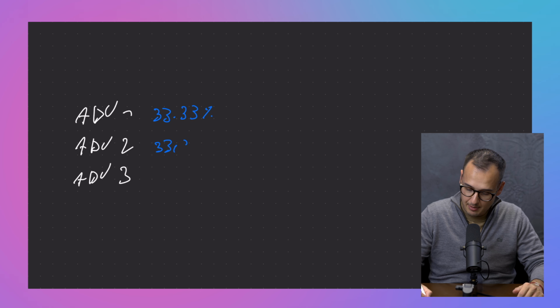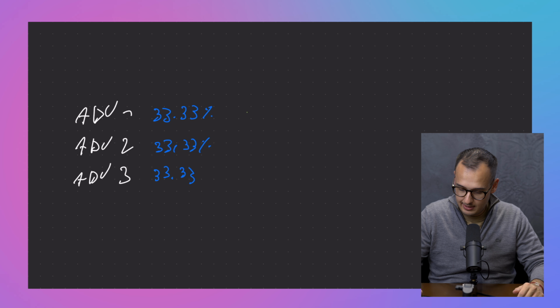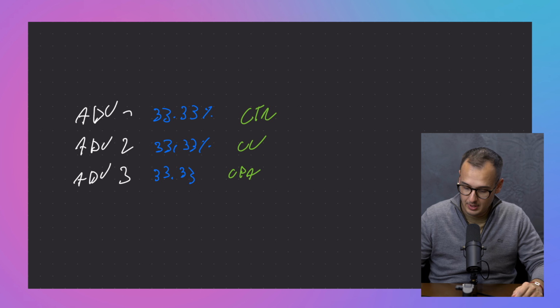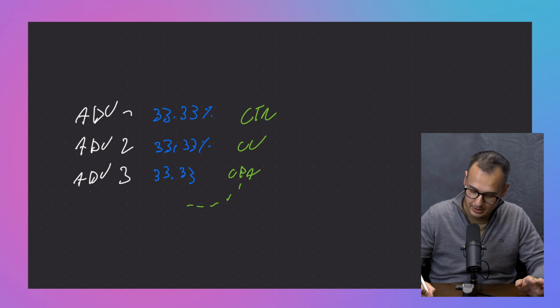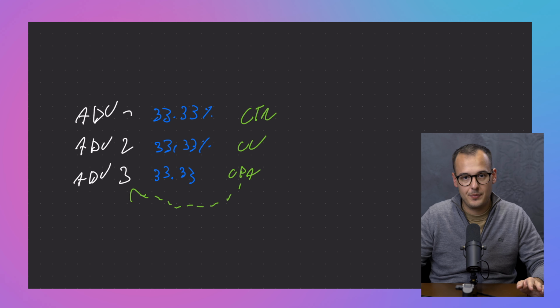After a couple of days, you analyze which advertorial has the highest click-through rate, the highest conversion rate, and the cheapest CPA, and on that one you focus. Let's say in our sample the best CPA is coming from advertorial 3. So now you know advertorial 3 is your winning advertorial.